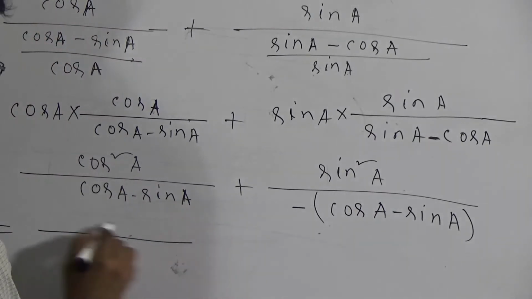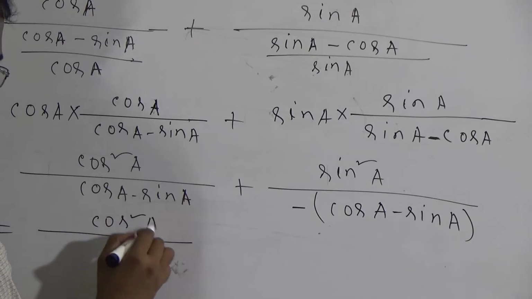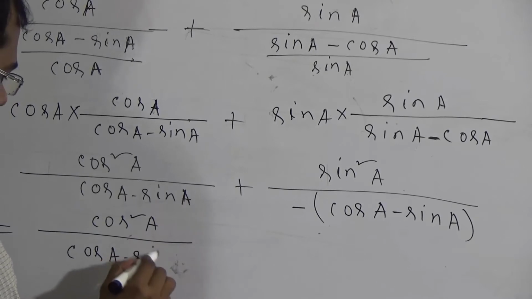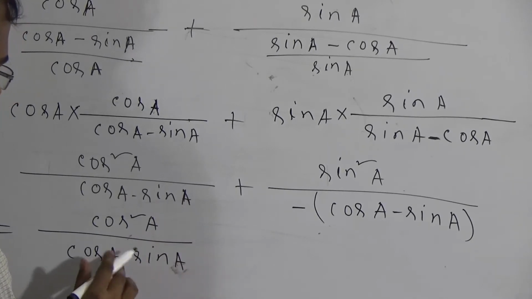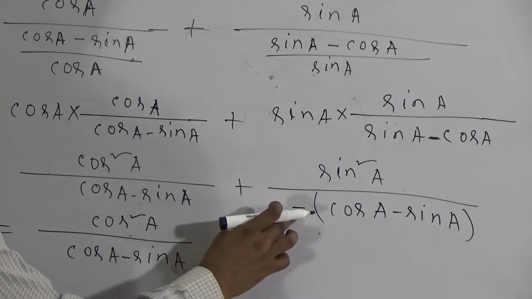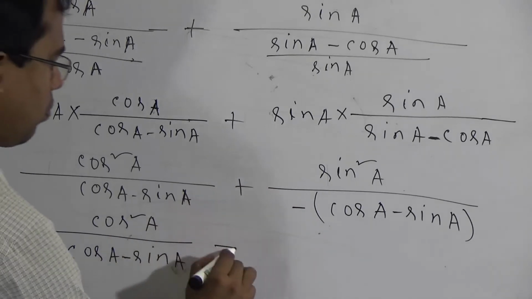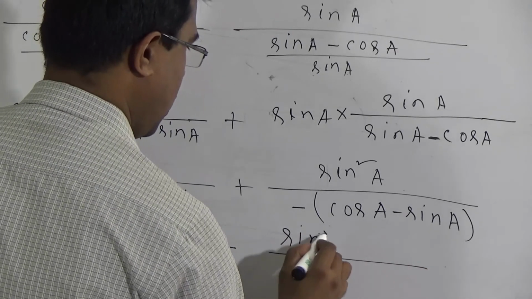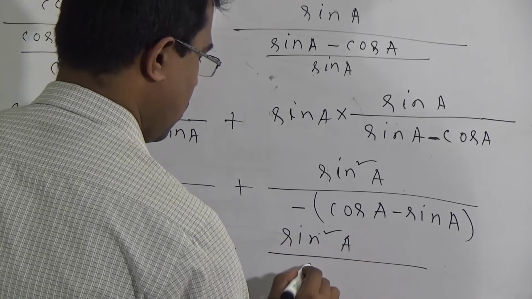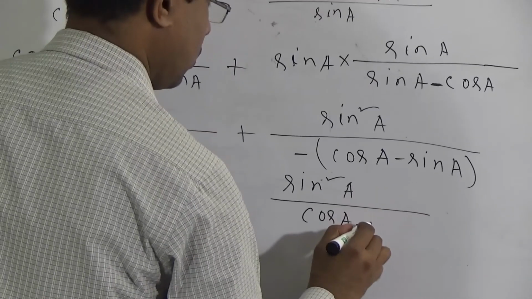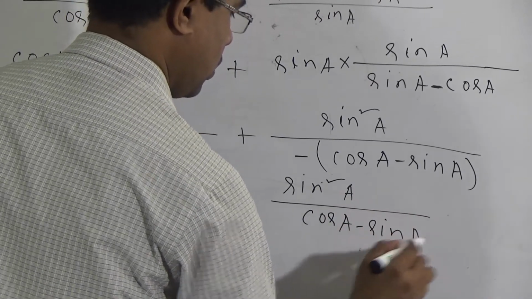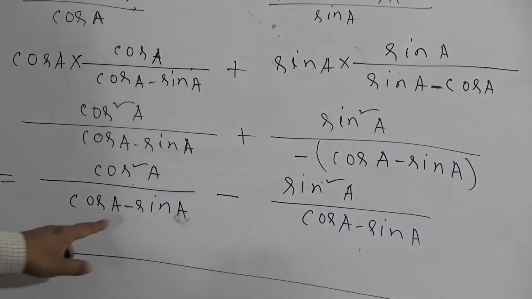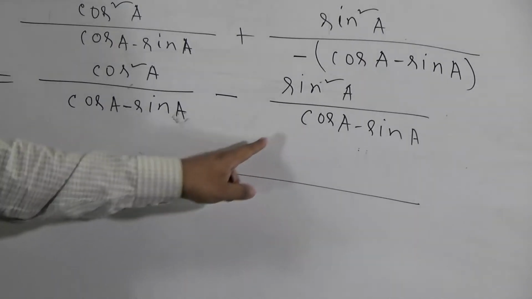Now cos square A by cos A minus sin A. Here minus and plus, this is equal to minus, and sin square A by cos A minus sin A. Now in these two fractions, cos A minus sin A denominators common.